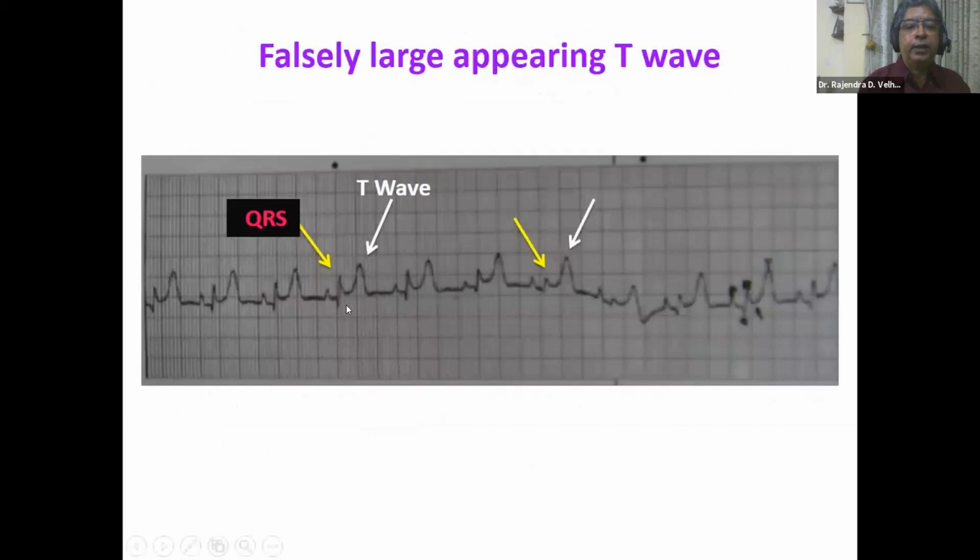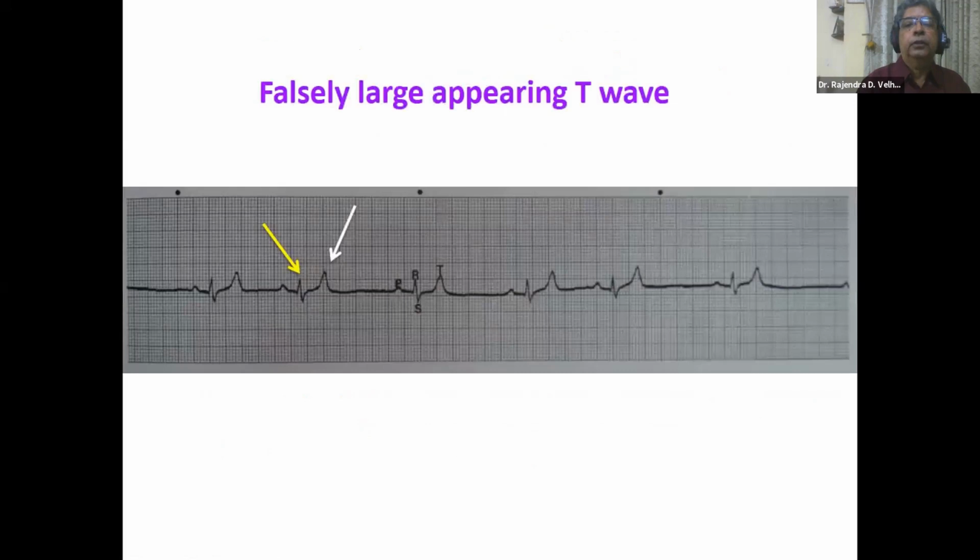In this particular case, you can see the QRS complexes are diminished, and therefore the normal size T wave appears falsely enlarged. Here also you can see a falsely large appearing T wave because the QRS complex is diminished.